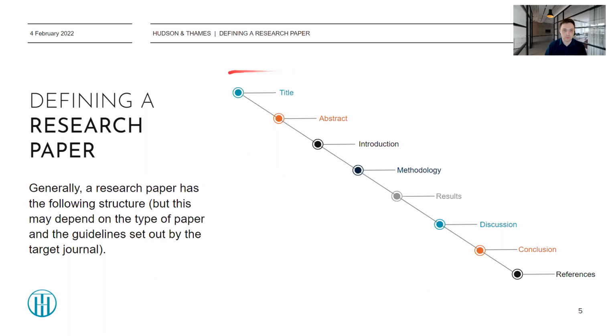Okay, let's start with the title then. So the title should be clear, concise, and descriptive in terms of the topic that you're publishing in and the result. So if you imagine you've written up a research paper, you've chosen a title for it, and it is published on a research journal's webpage, for example.